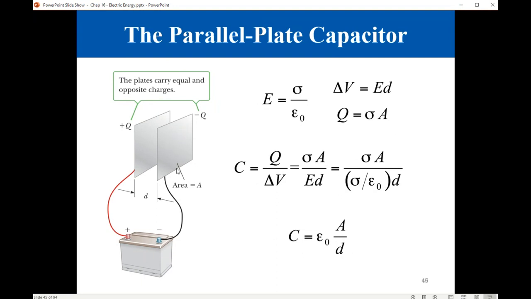So now we know how to calculate the capacitance for any parallel plate capacitor. Simply take the area and divide it by the distance and multiply by epsilon naught, 8.85 times 10 to the minus 12, the permittivity of free space. This is when the medium is vacuum or air, the same permittivity.